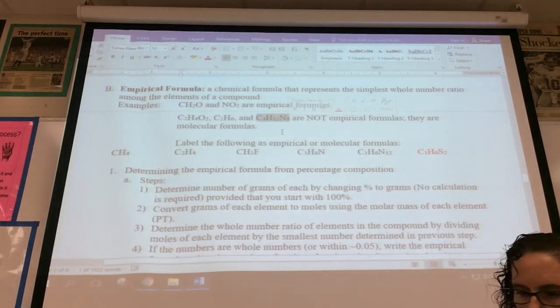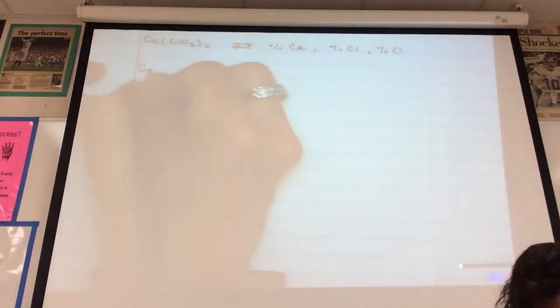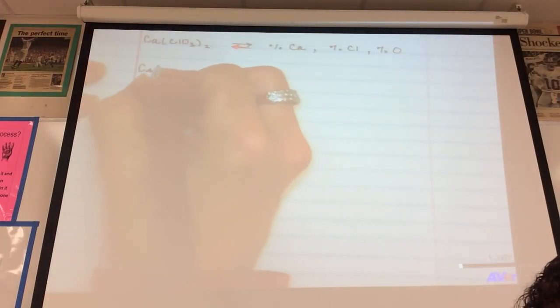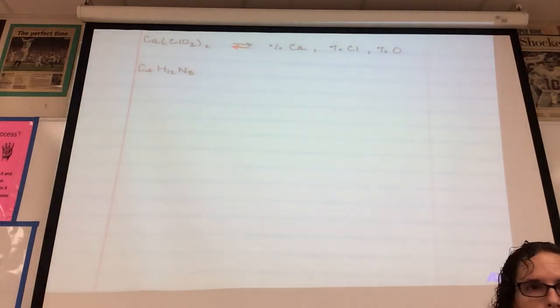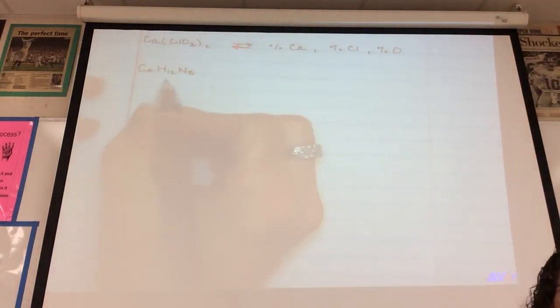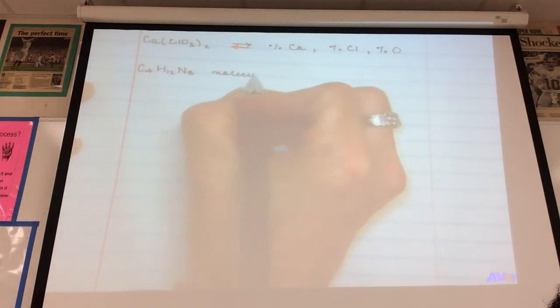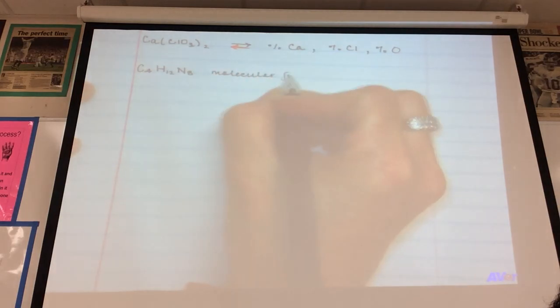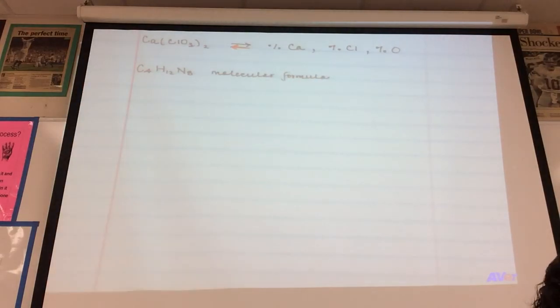C4H12N8. That one I'll write out. So you have C4H12N8. And this is an empirical or molecular formula. This is a molecular. A molecular formula is a multiple of an empirical formula, and we'll talk more about molecular formulas next time.